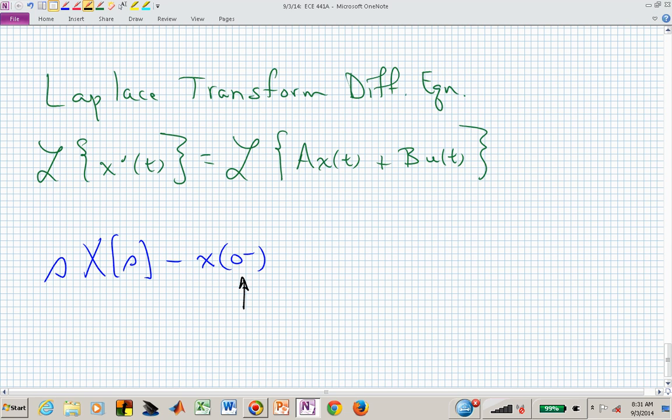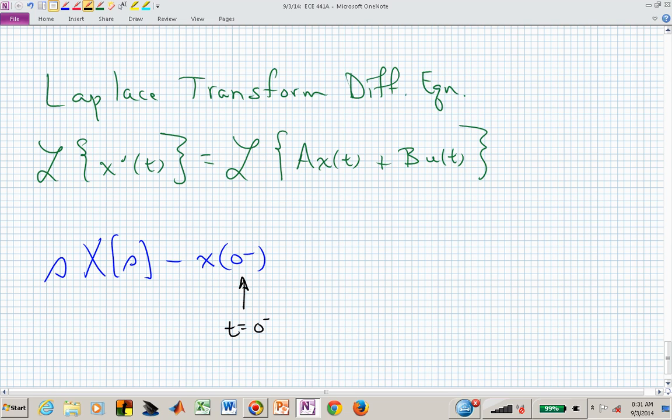We want to say what's happening right before 0, and that's now our initial condition. So we're just using this in the standard form, and this is now t equal to 0 minus. That's not s. In capital X, this has an argument of the frequency variable s, but this is now times 0 minus.